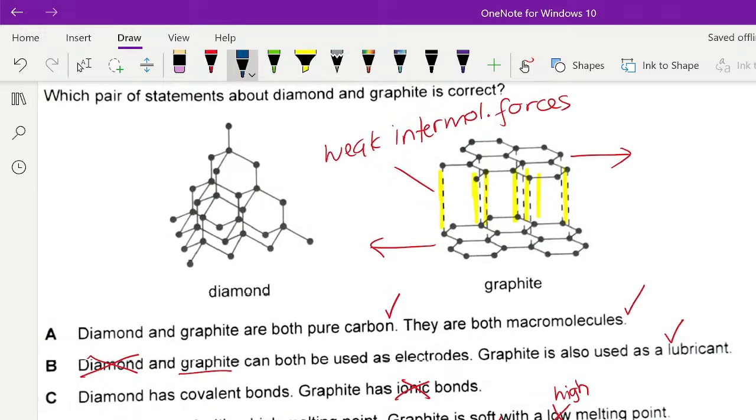If you want to melt diamond, you have to break this bond, break this bond, break hundreds of strong covalent bonds, and that's why you require a lot of energy to break all these bonds, and so a high melting point. Same as graphite, you have to break all these C-C covalent bonds.